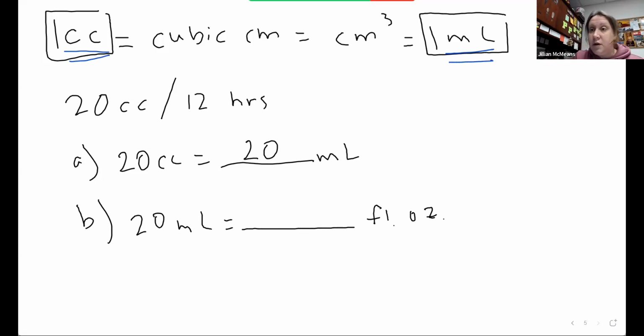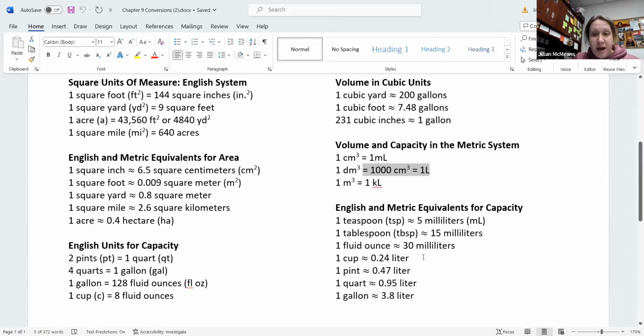Okay, so let's go to our conversion sheet and see what we can find. So we're looking for fluid ounces to milliliters, and we have it right here. So we're converting between English and metric. English is fluid ounces, metric is milliliters, and we have that 1 fluid ounce is approximately 30 milliliters. Okay, so let's go back to the problem.